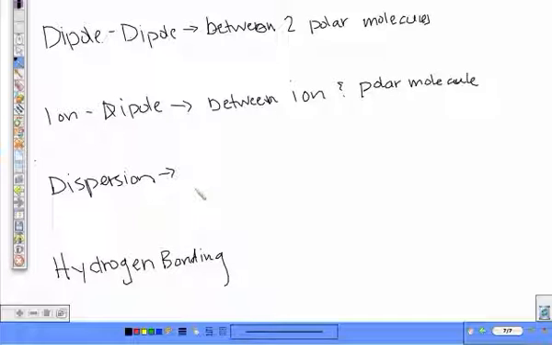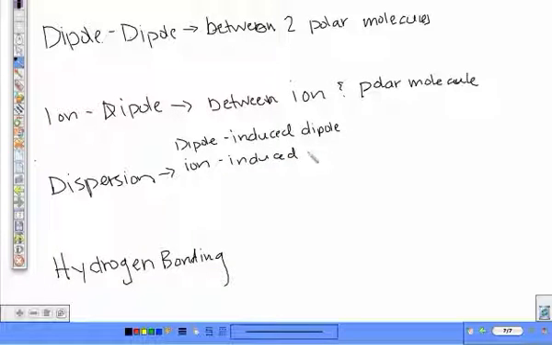Okay, there's actually 3 types of dispersion forces. One is the dipole-induced dipole, I have an ion-induced dipole, and then I think your book just called the other one dispersion.